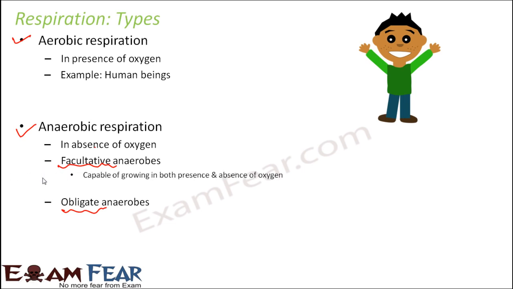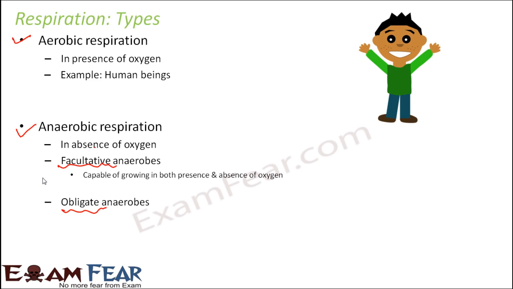So facultative anaerobes are those which are capable of growing in both presence and absence of oxygen. So even if these organisms live in an environment where oxygen is there, they will be able to undergo respiration there also. So they will grow under aerobic conditions also.